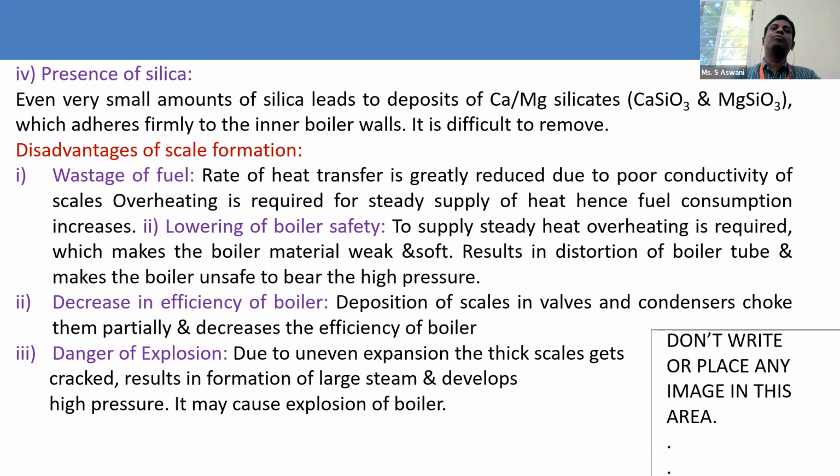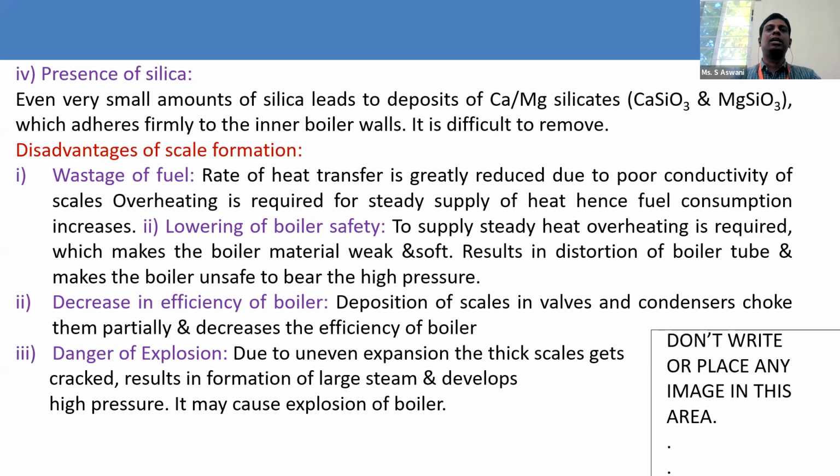And lowering of boiler safety. To supply the steady heat, overheating is required, which makes the boiler material weak and soft. So the boiler material's lifespan is reduced. That is another disadvantage, the safety of the boiler.